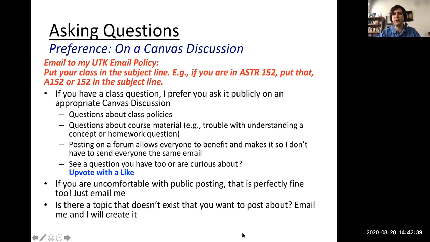So for example, if you're in Astronomy 152, put ASTR 152 or A152 or even 152 and I'll know what you're talking about. That way, I don't have to go shuffling through a whole bunch of different things. I actually know what class you're in. And hopefully I will learn where many of you are, but right now I have over 420 students, so it's going to take me a little while to get heads or tails over who belongs in which class.